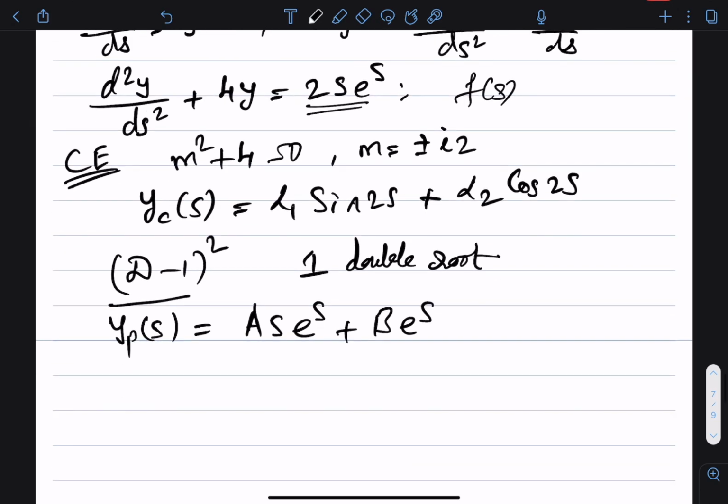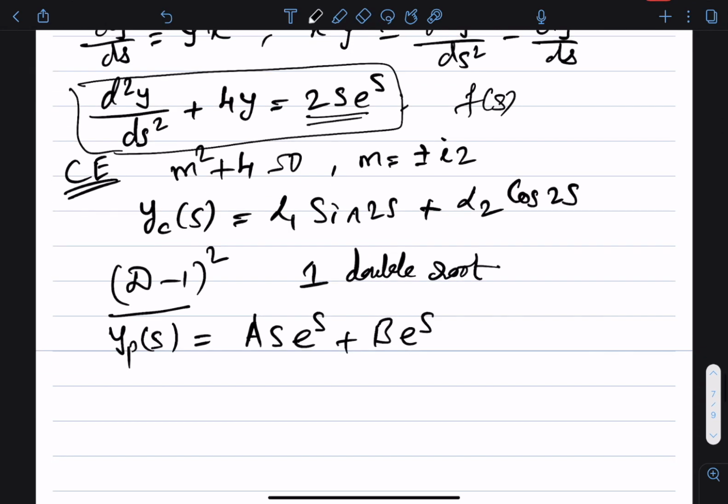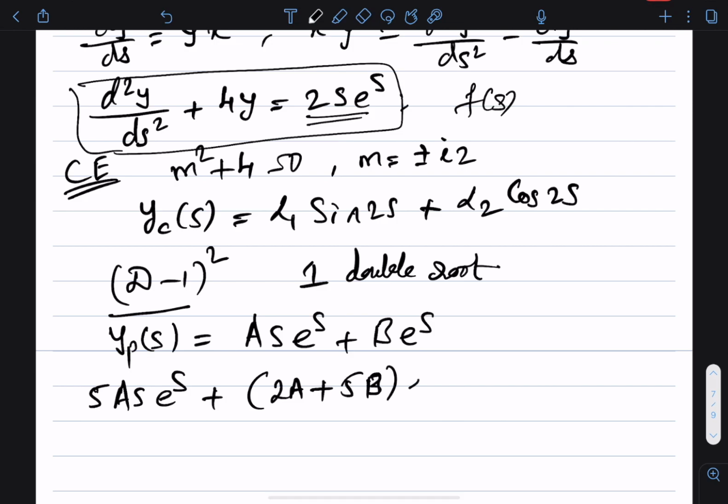Now this has to satisfy the ODE in the s variable, so you differentiate, substitute, plug it in and equate like coefficients.